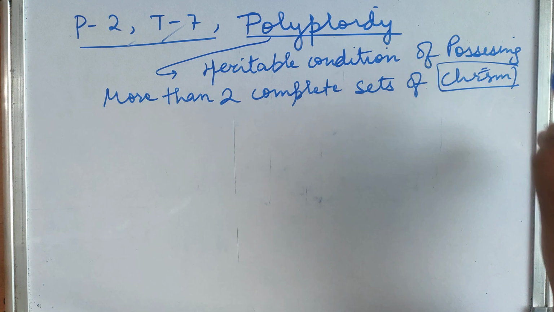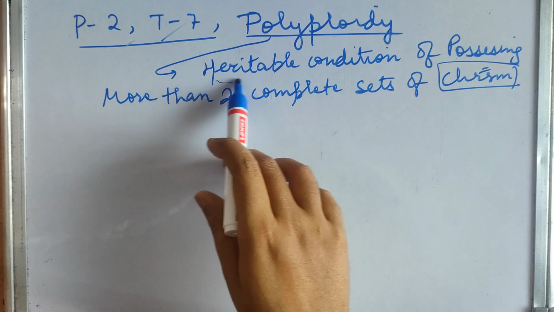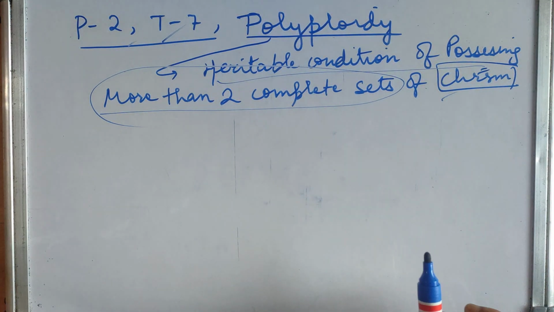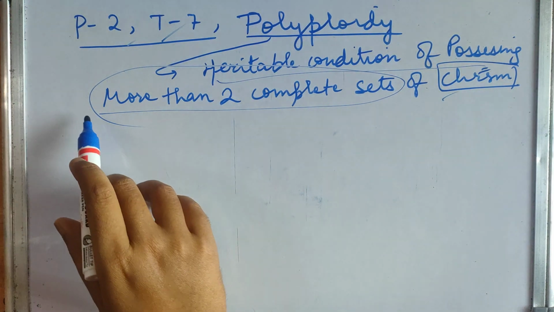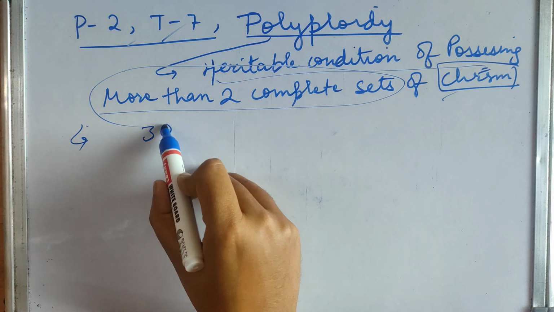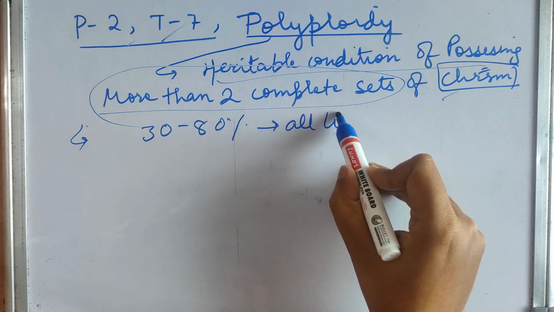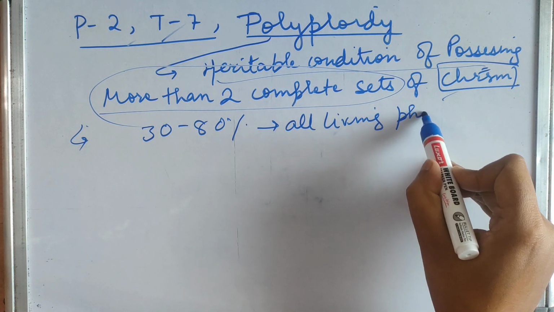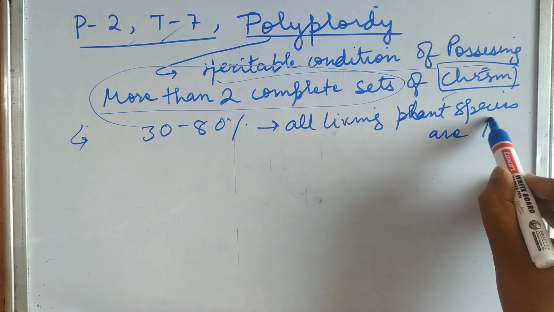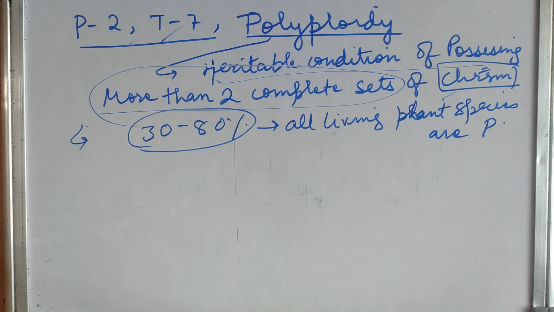I am writing chromosome here in short. You should elaborate in your notes. Some estimates suggest that around 30 to 80% of all living plant species are polyploids.